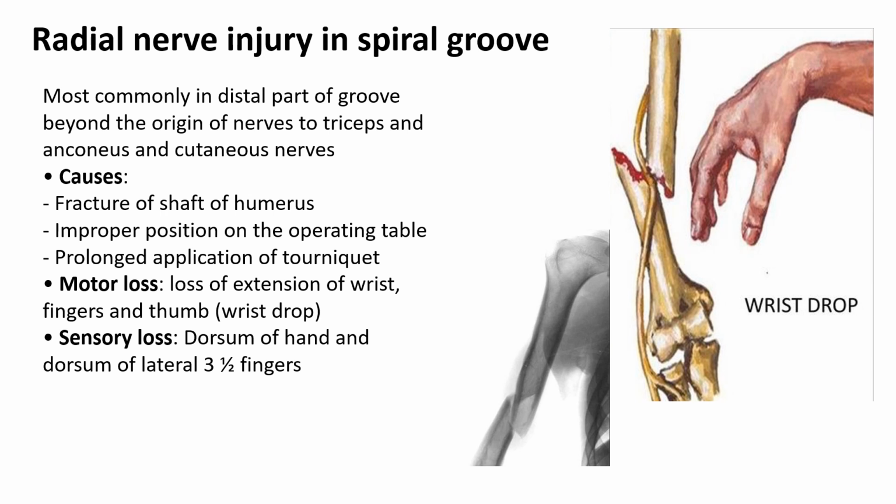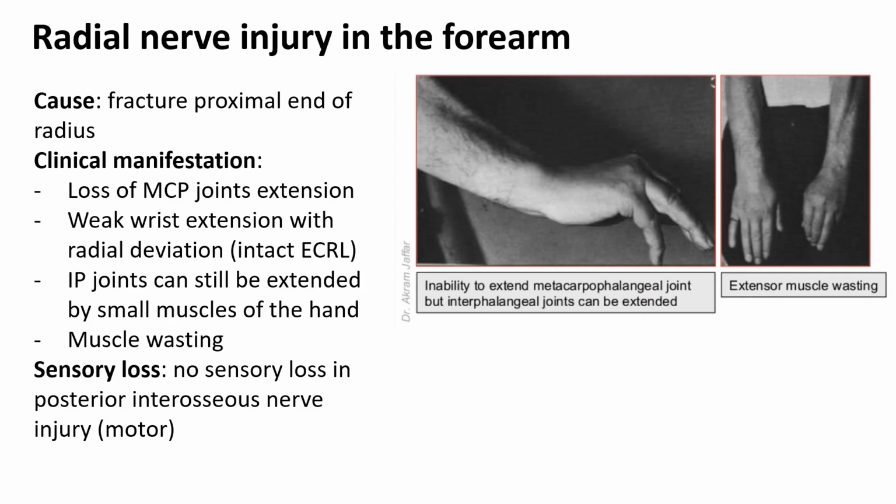Sensory loss, there will be dorsum of the hand only because we have intact posterior cutaneous nerve of forearm. There will be only sensory loss within the dorsum of the hand and the lateral 3.5 fingers on the dorsal side.